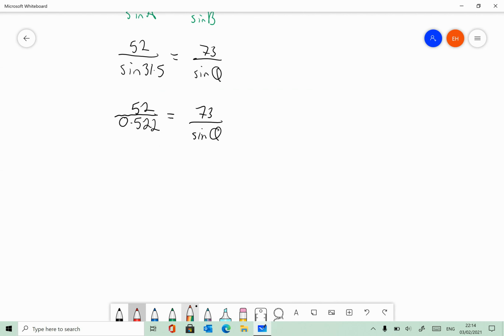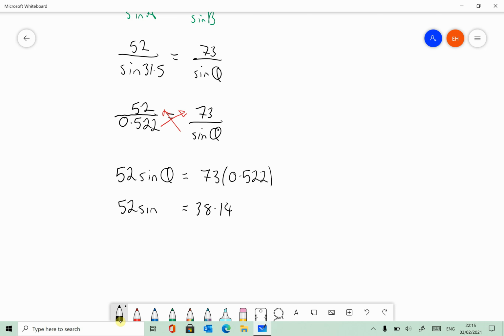Okay, now I have one fraction equaling one fraction, so I'm now allowed to cross multiply. So I have 52 sine theta equals 73 times 0.522, 38.14, and that's equal to 52 sine theta.